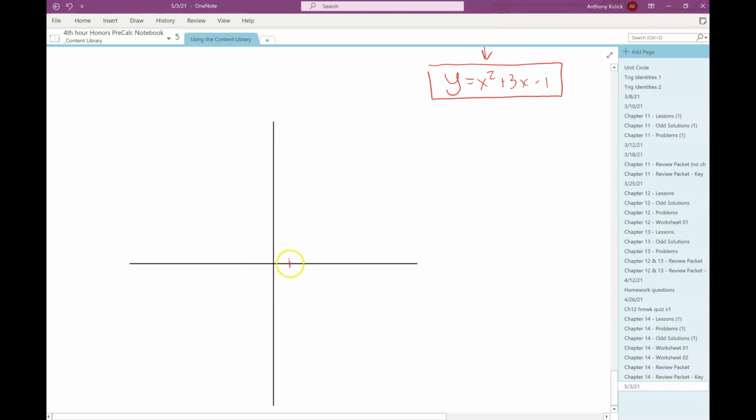So there's my vertical asymptote. To graph this parabola, what do I have to have? X-intercept, Y-intercept, you need the vertex.